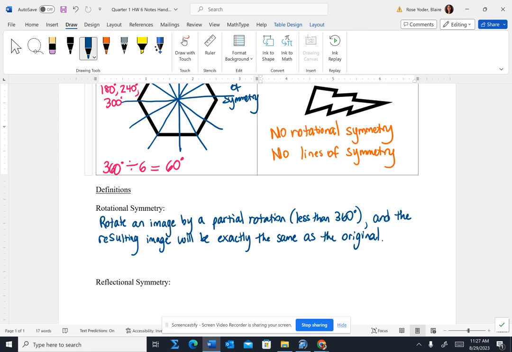There's probably another way that we could have phrased that too, but that was the best that I could come up with. Okay, so what is reflectional symmetry?